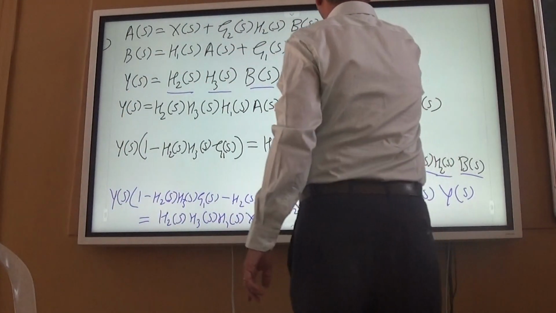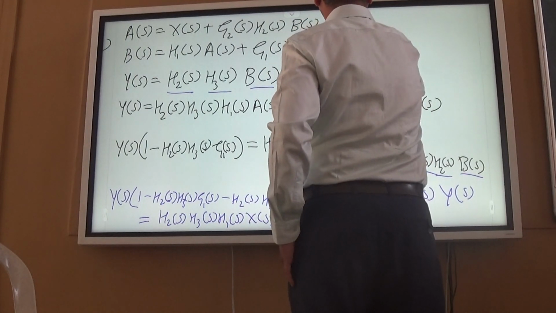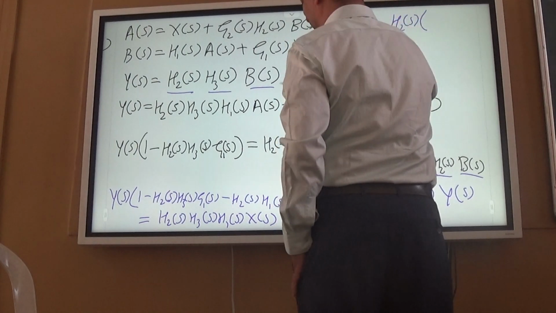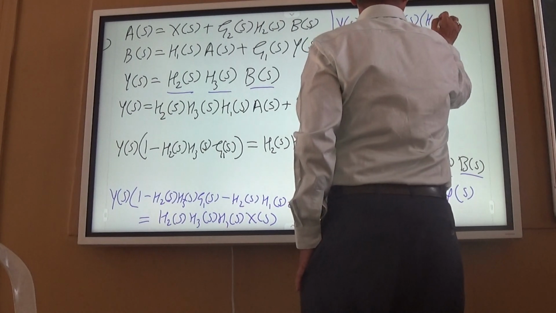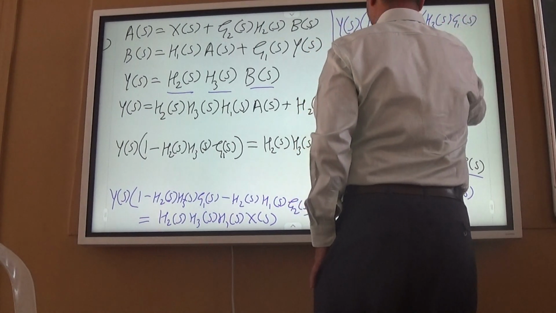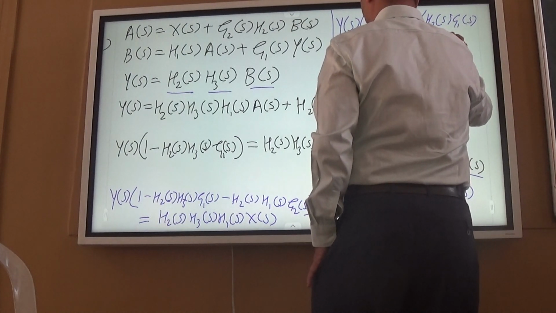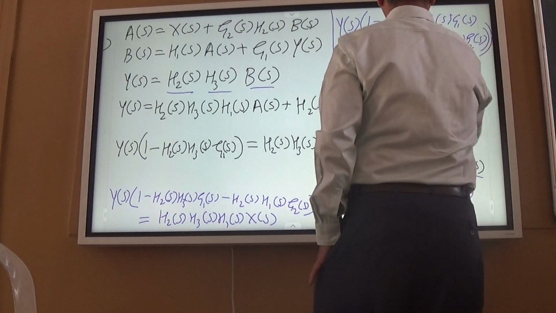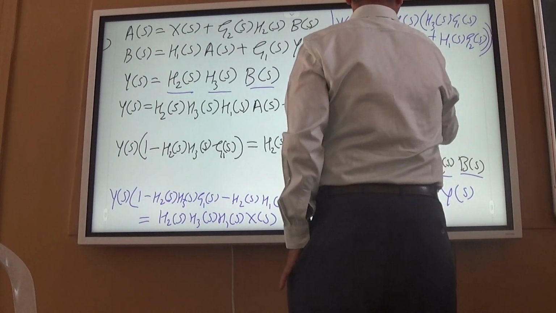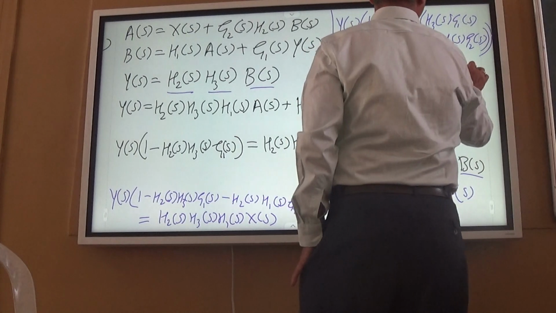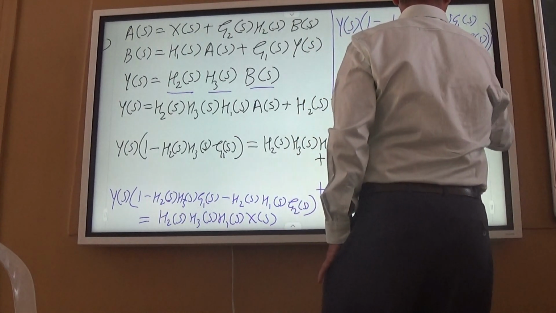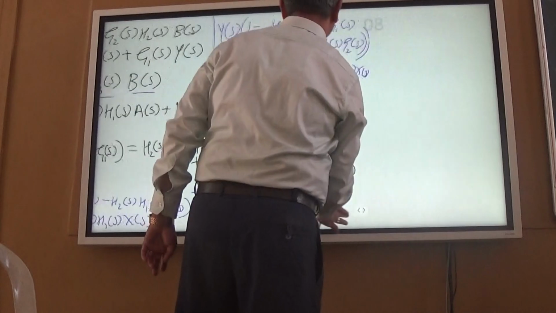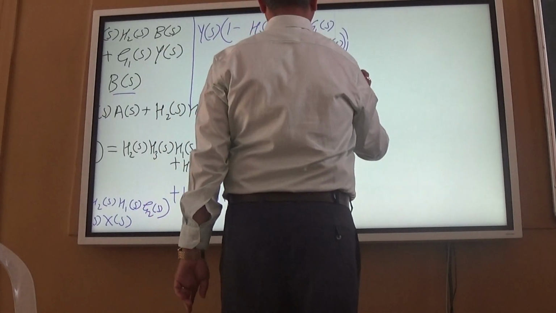So we may proceed here that Y(s) into bracket 1 minus H2(s) into further bracket H3(s) G1(s) plus H1(s) G2(s), double bracket, is equal to H1(s) H2(s) H3(s) X(s). So ultimately into X(s), right?